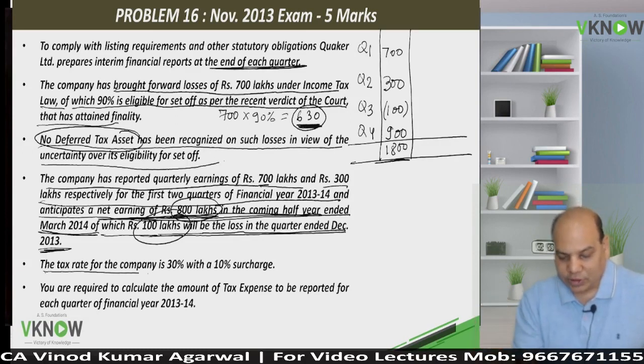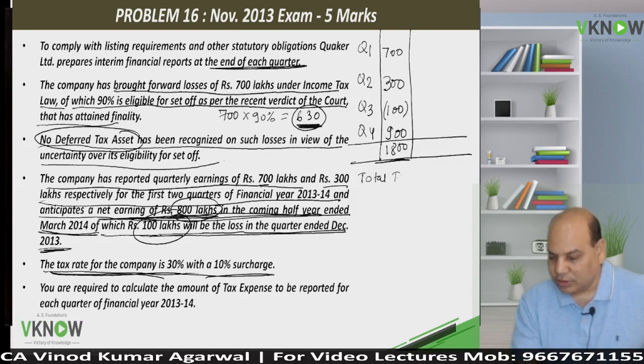The tax rate for the company is 30% and a 10% surcharge. So my total tax rate will be 30 plus 10% of 30, which is 33%. Okay.